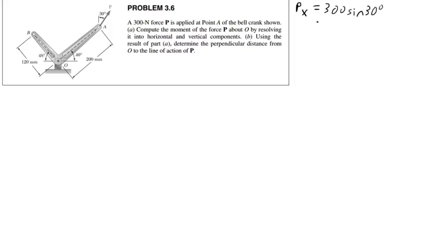And we remember that this is a sine because here the angle is taken off the vertical instead of the horizontal. So that will come to, I'm just going to do this as decimals, 300 sine 30.